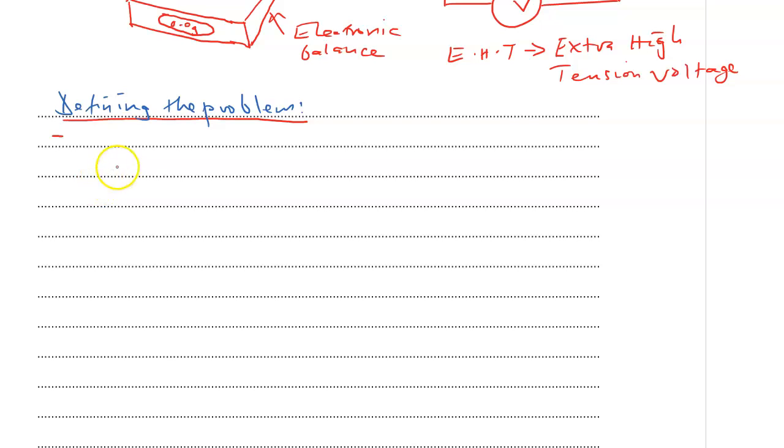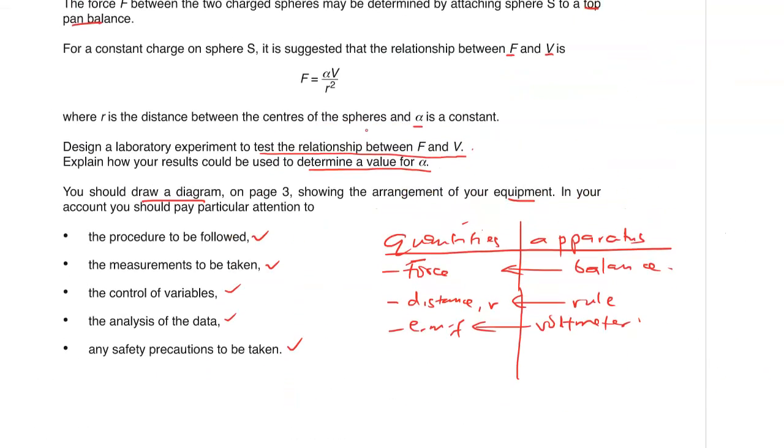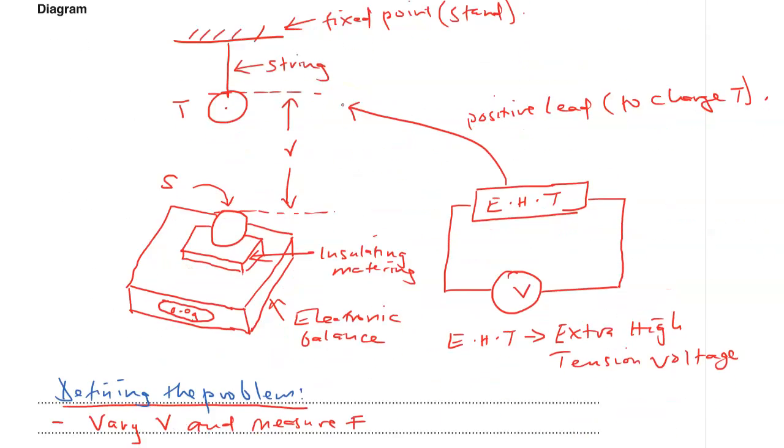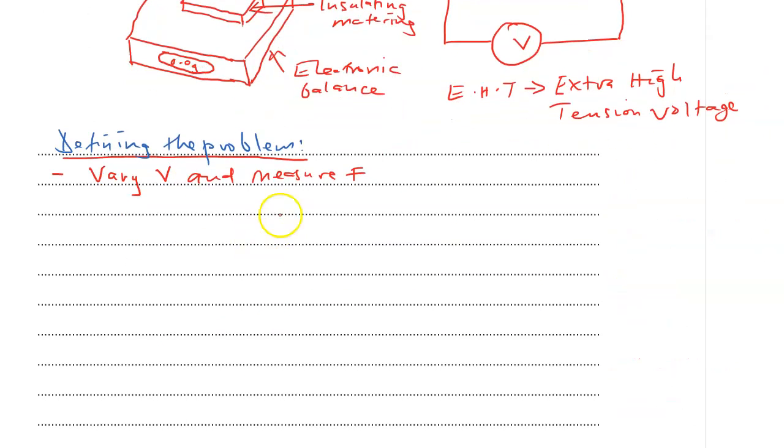So here I'll say I'll vary V and measure F. Don't forget the equation that is going to help you is this one. We need to vary V and measure F while keeping R constant. We need R to stay constant.